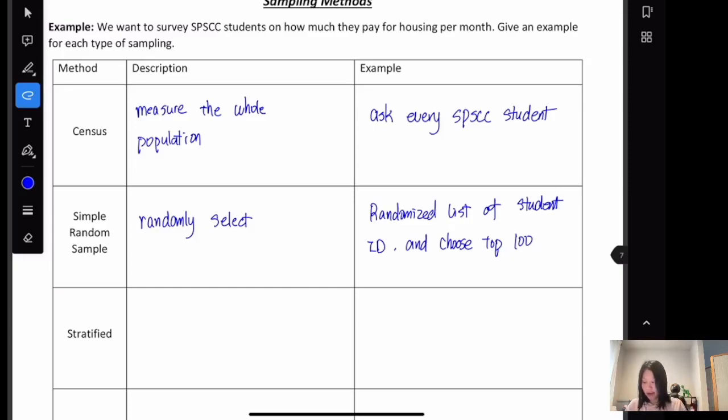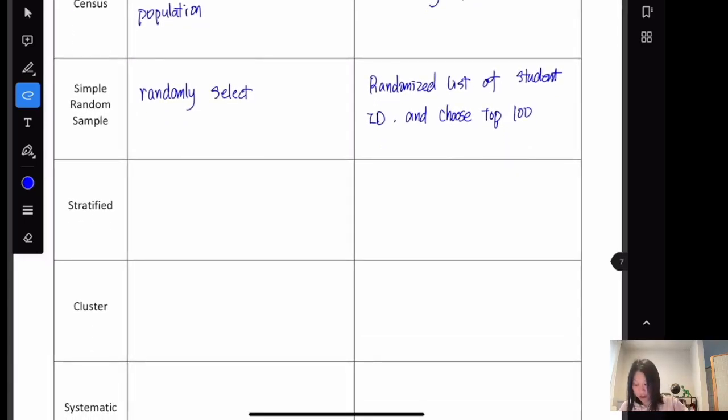So stratified is you separate the population into groups, and then do a simple random sample within each group.